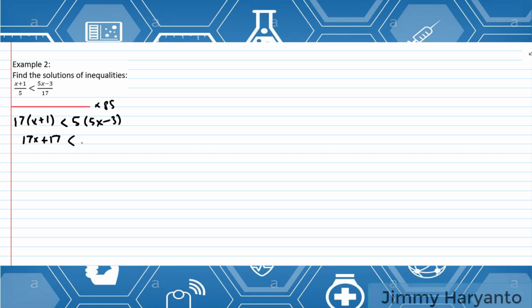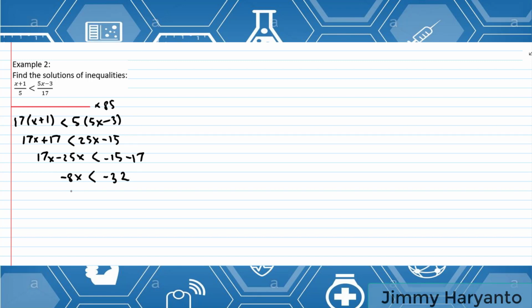17x plus 17 less than 25x minus 15. Slowly. 17x minus 25x less than negative 15 minus 17. It will become minus 8x less than minus 32.